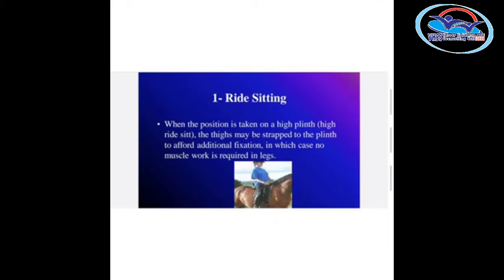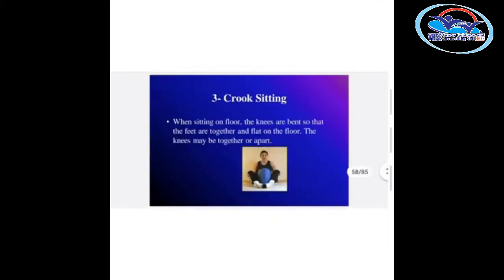And the next one is crook sitting. When sitting on the floor, the knees are bent so that the feet are together and flat on the floor. The knees may be together or apart. It's called crook sitting.